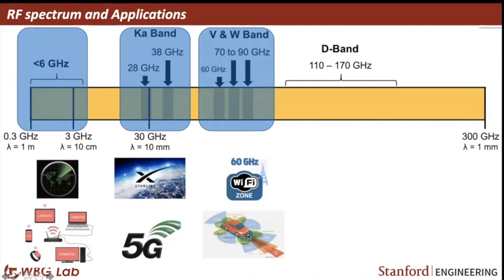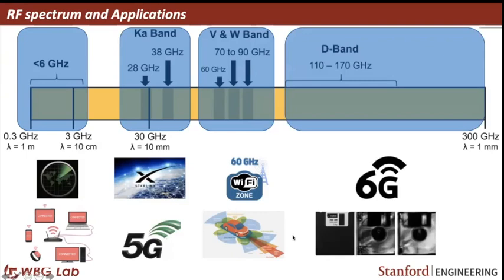And there is automobile radar. We talk about self-driving cars and all, right? For those, the band allotted is about 77 gigahertz.